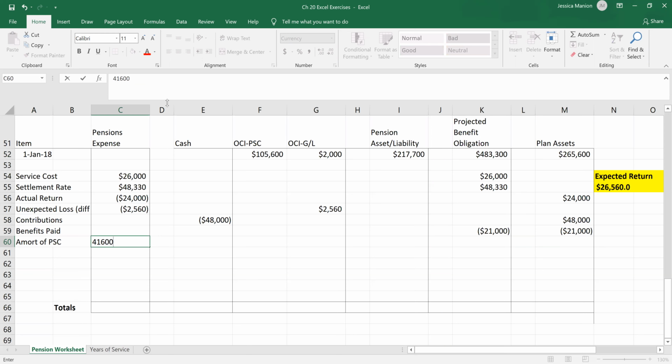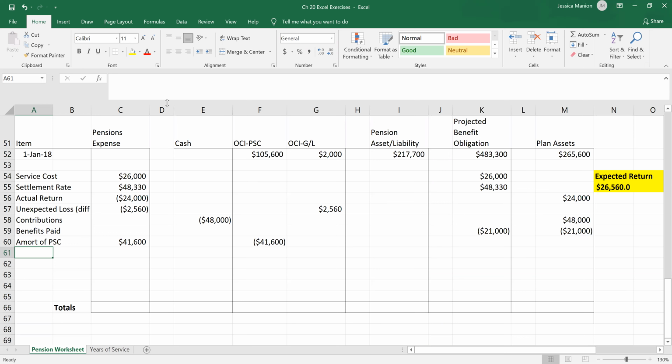Amortization of prior service cost decreases the other comprehensive income. Since we've amortized some of it now, it's going to decrease that other comprehensive income. What else do we have here? It looks like that is the last thing that they're telling us.